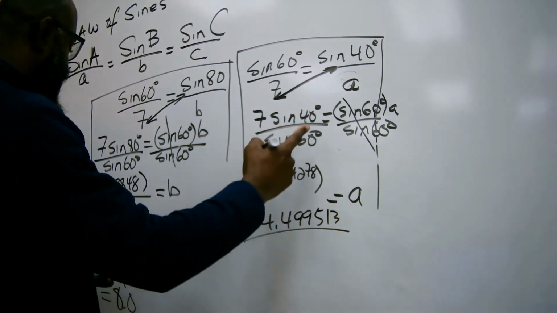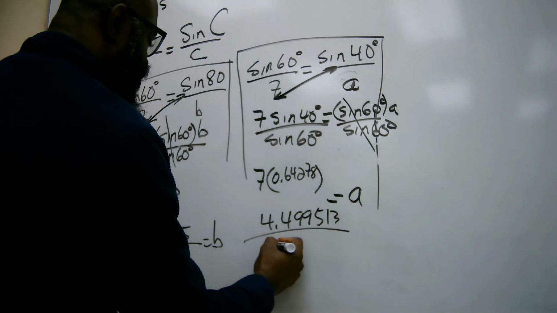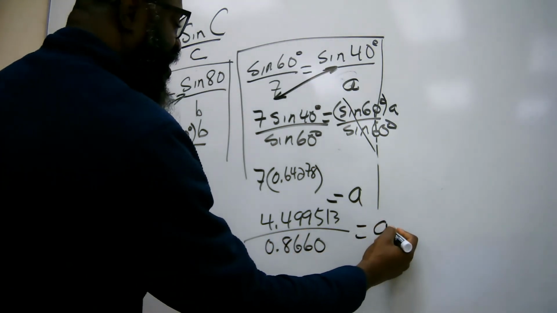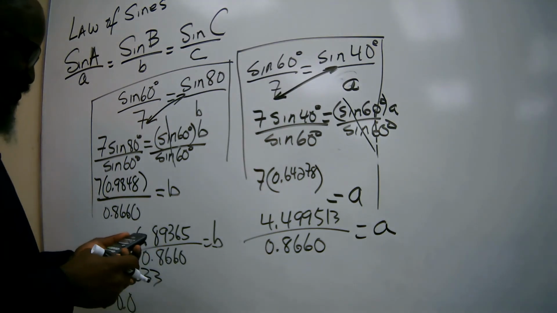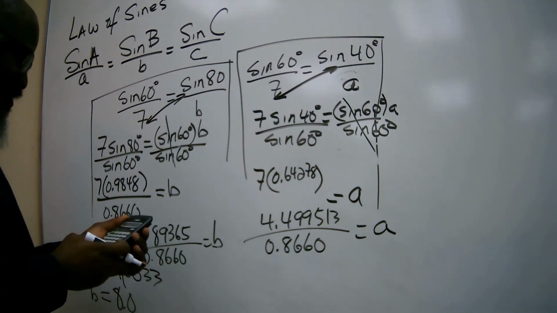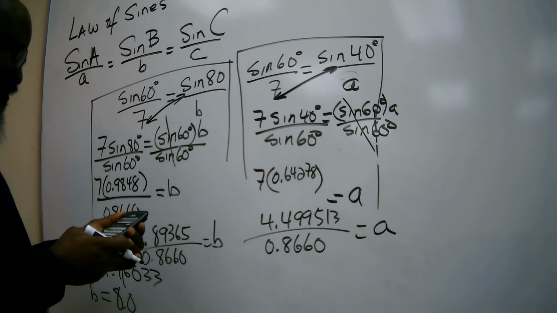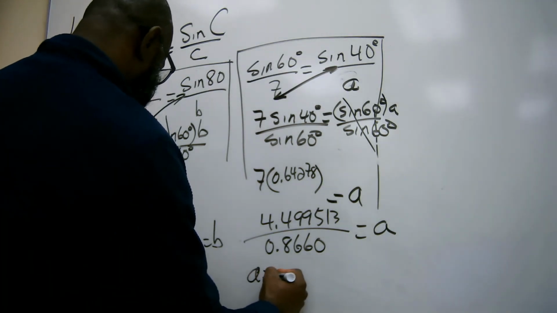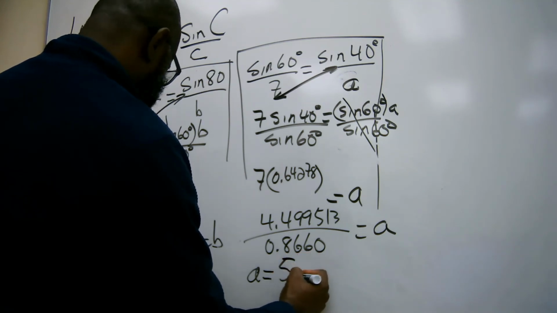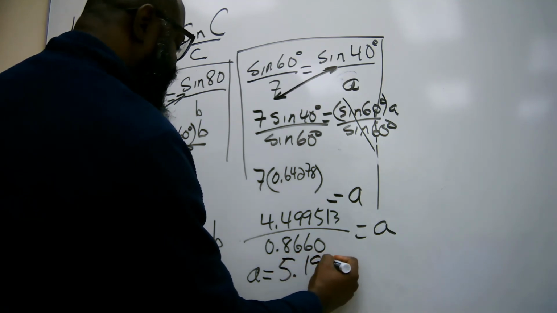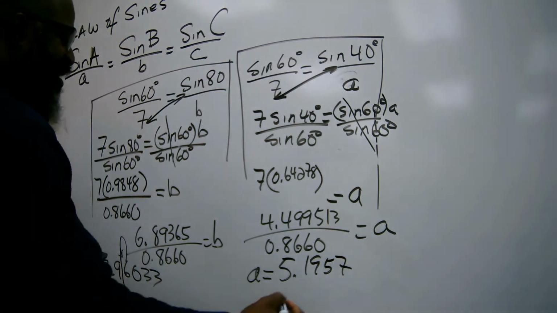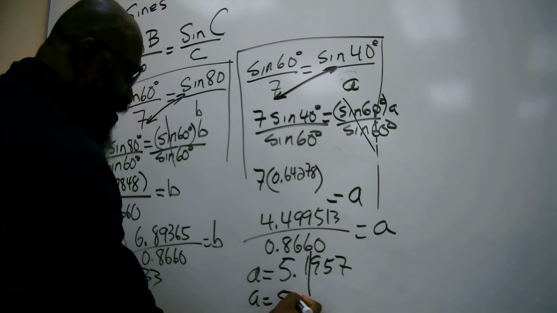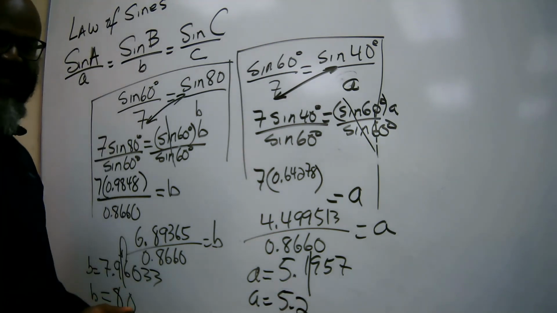Remember, sine of 60 was 0.8660, and that will be a. Use your calculator to divide by 0.8660, and it tells me a is 5.1957. I want the nearest tenth. This is my tenth, so that will be 5.2.